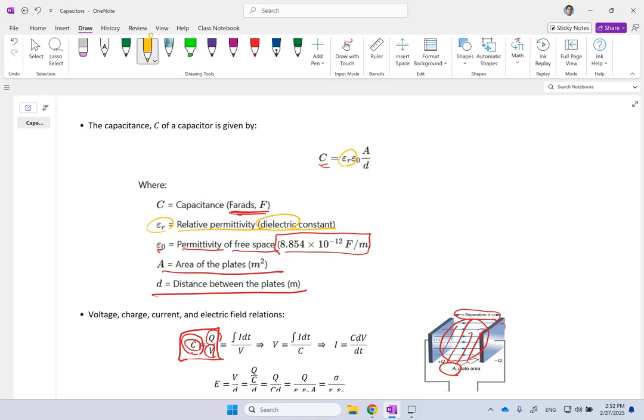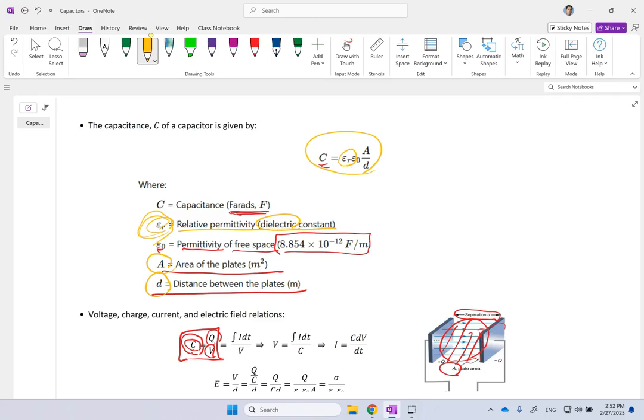And it's bigger than 1, so it makes your capacitance bigger than the scenario where between the plates it was empty, with nothing between them. Okay, so depending on which material we fill the capacitor with, this epsilon r will be different, and A and D. So if you want bigger capacitance, you need bigger plates, you need to get them closer to each other, and you need to fill them with stronger dielectrics, with bigger dielectric constants. Then you get bigger capacitance.